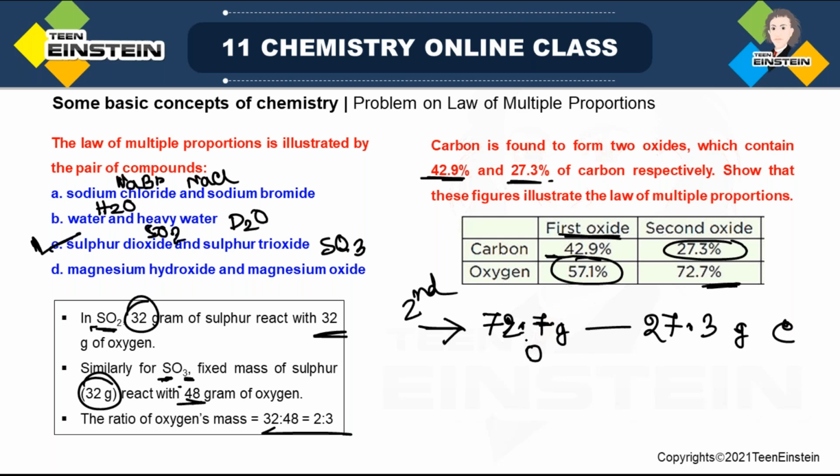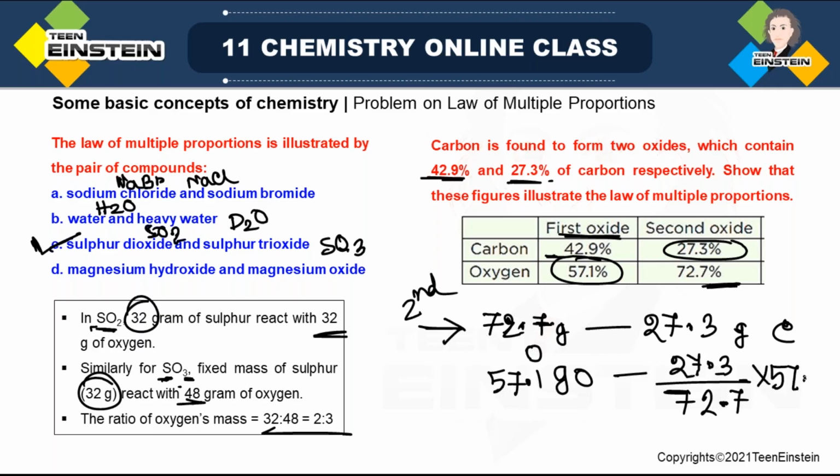Next, what we'll do, we will find out if it is so, then for 57.1 gram oxygen, the corresponding amount of carbon should be, calculation will be like this. So this is the mass of carbon.